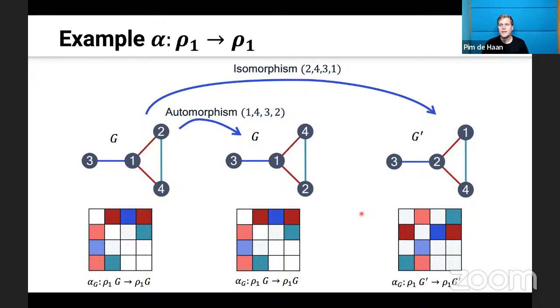So here we see again that the automorphisms of the graph give us constraints on the natural transformations. And whenever we have two graphs that are isomorphic, then their components should be the same up to a basis transformation.